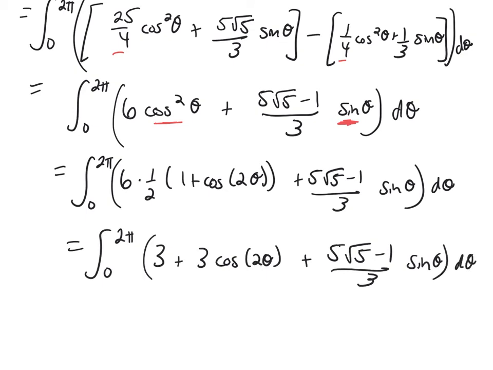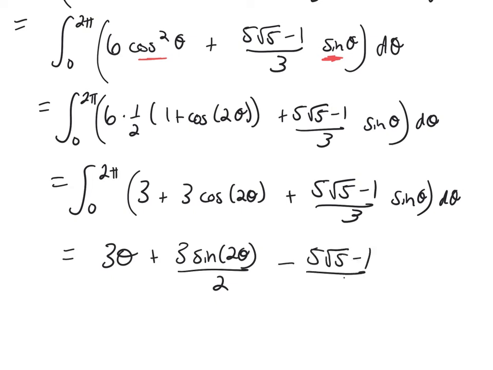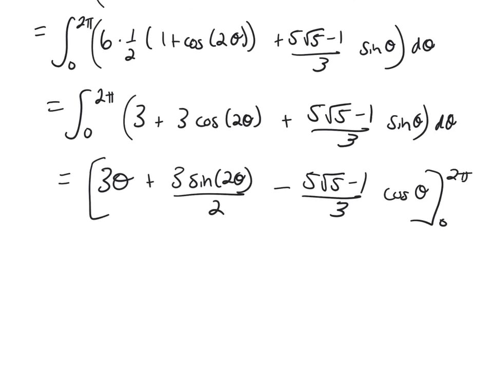Now integrate this. You'll get 3 theta, and you'll have to do a u sub for the second one, so it'll be 3 sine 2 theta over 2. And then the integral of sine is minus cosine. And then we just have to plug in our bounds now, top minus bottom.